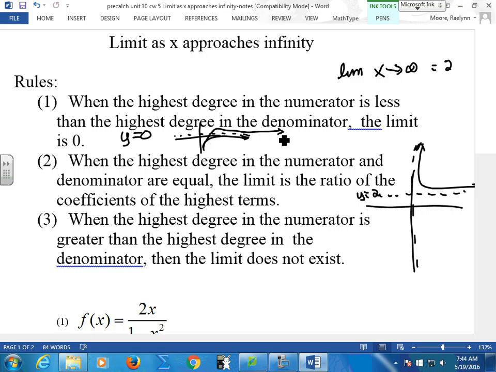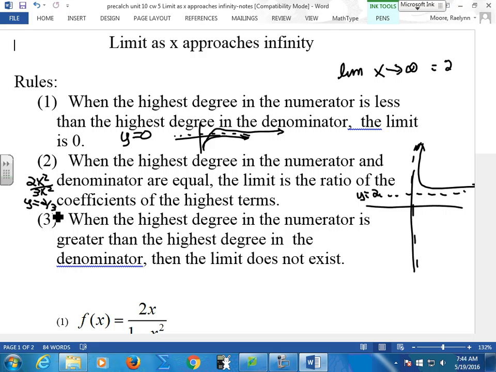When the highest degree in the numerator and the denominator are equal, so if you have a case like this, 2x squared over 3x squared, we said y equals 2/3. So now we just say it approaches 2/3. It rides right along that. It can't go over it. Okay, but it's going to come back up and ride right alongside of it.